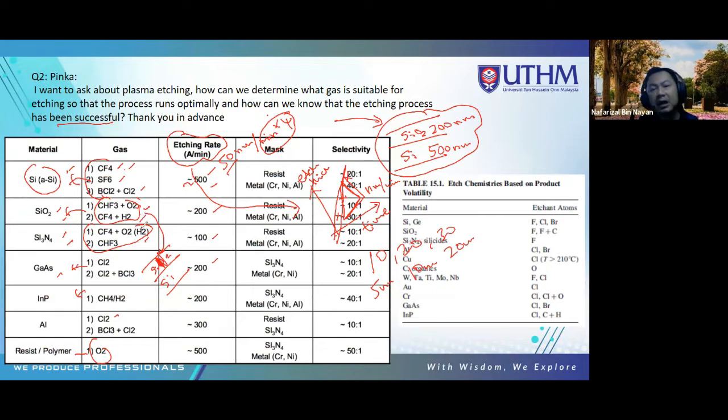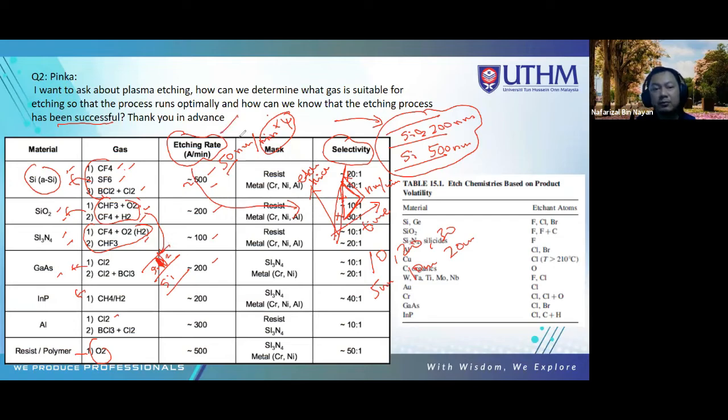That's what we call selectivity. The gas will react only with its targeted material, so it will not remove another material. That's how we can understand that the process is successful.